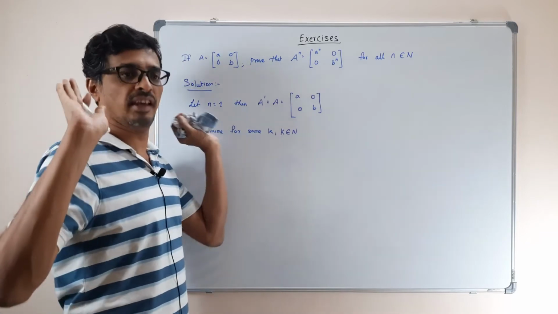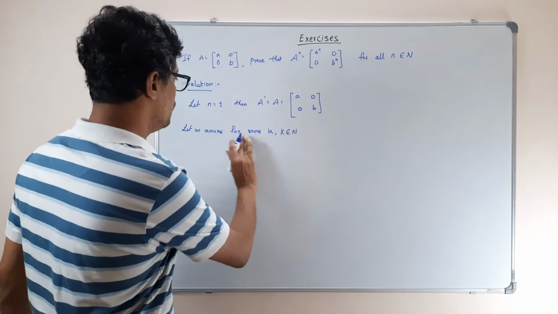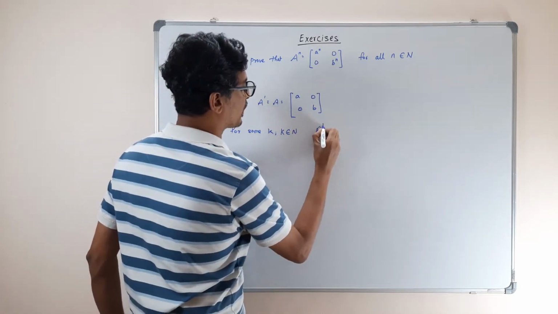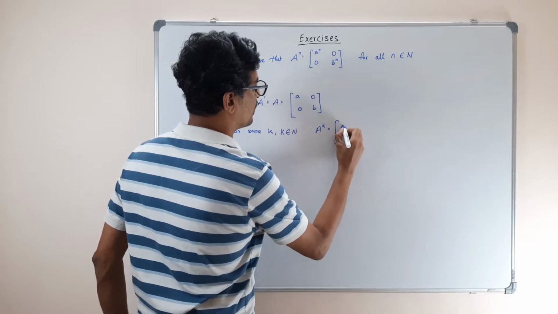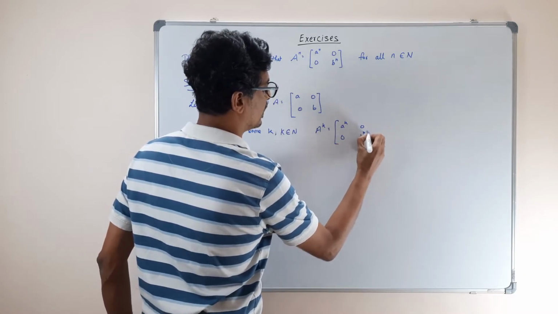Let us assume some k, k is an element of N. So A power k is equal to A power k 0 0 B power k is satisfied.